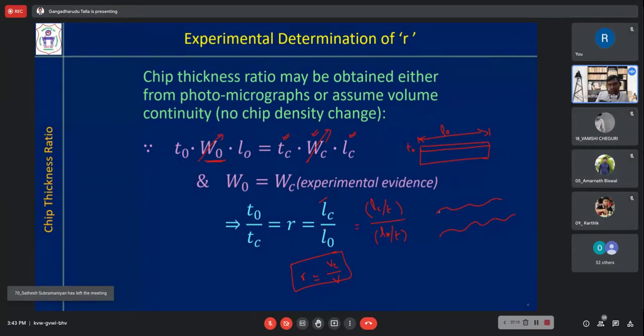Understand? Or using some thread you can measure the length of this chip. This is the length of the slab. So experimentally it is easy to measure LC and LO. So you measure those and take the ratio. That will give you R, which is also equal to VC by V.